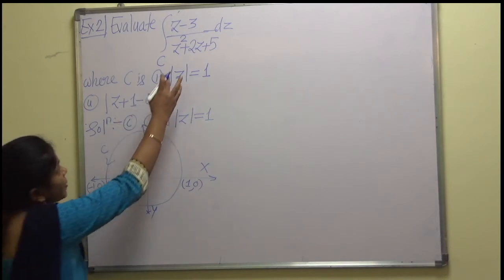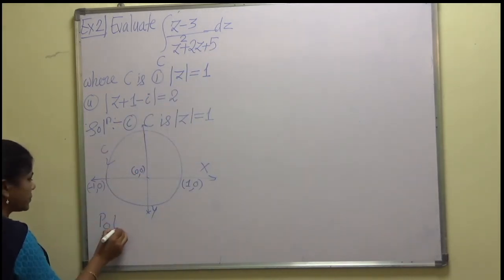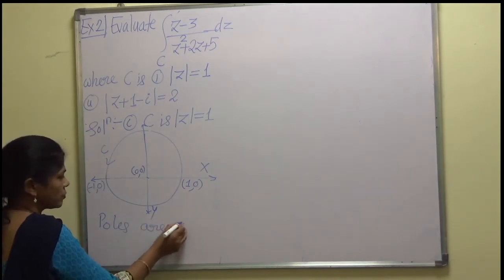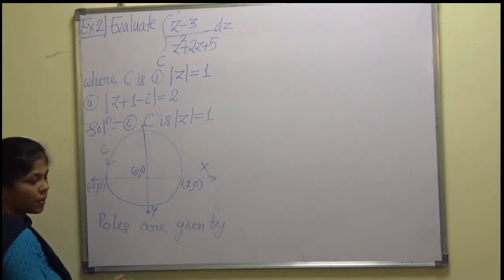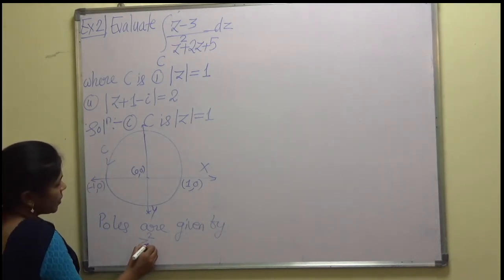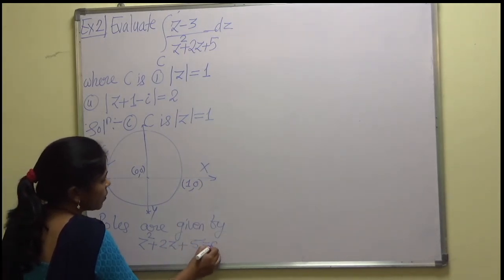Then after this, find out the poles. So poles are given by equating the denominator to 0. So z square plus 2z plus 5 equal to 0.